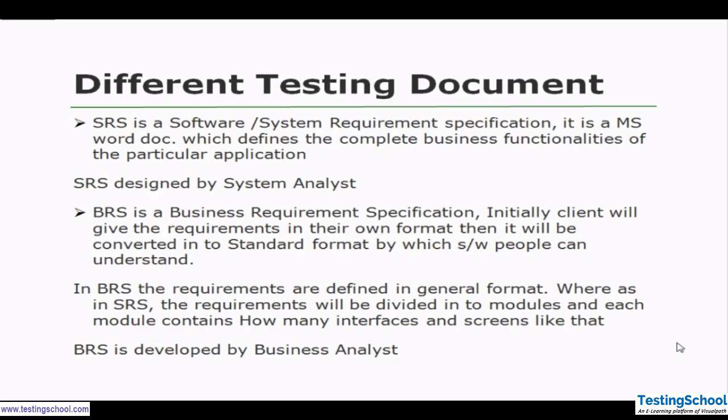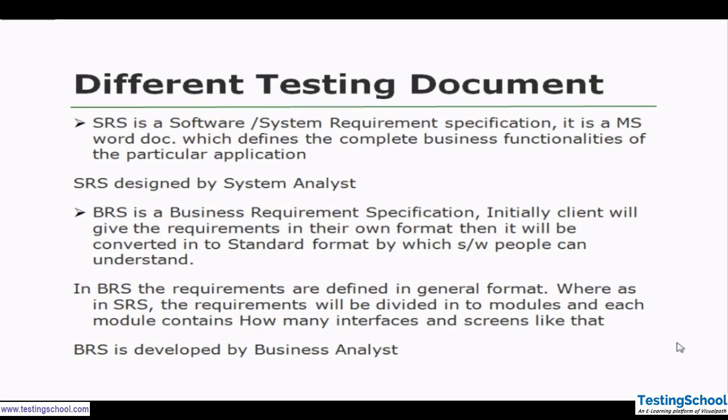Then we have the BRS, the business requirement document. It is a client initiated document which gives the requirement in their own format. Then it will be converted into a standard format that the software people can understand.